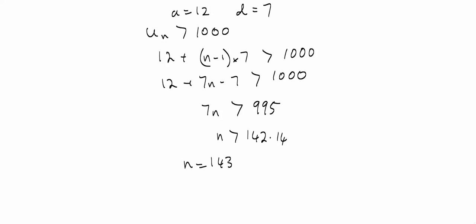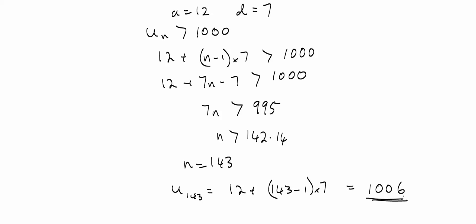So the first term greater than 1,000 is the 143rd term. u143 would be a, which is 12, plus n minus 1, 143 minus 1, times 7, 142 times 7, and that comes to 1,006. So that's the first term greater than 1,000.